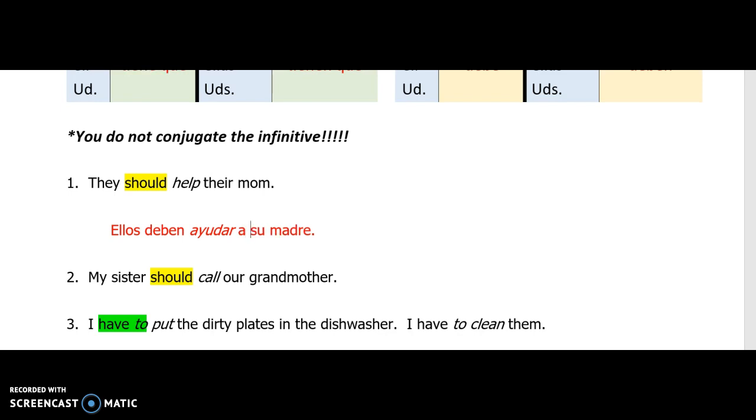Personal a. So ellos deben ayudar a su madre. Throw some extra in there. Big thing is seeing this. Here, that is your conjugated verb. Ayudar is your infinitive, so should help. If you conjugate ayudar and you make it ayudan, now you're saying they should, they help. But the second you conjugate a verb, that's when you make the action actually occur as well.